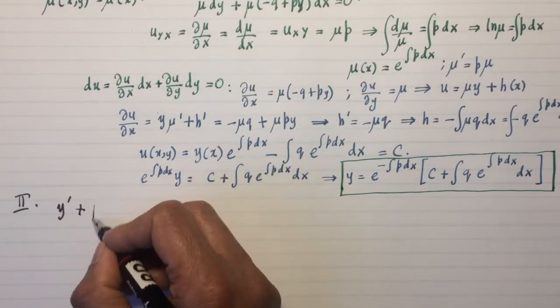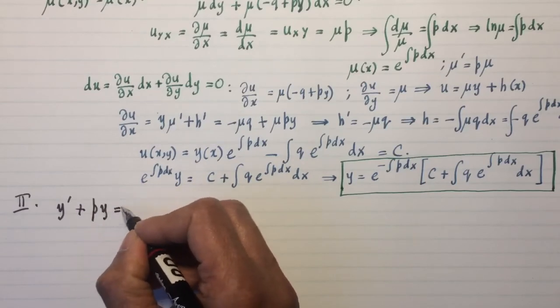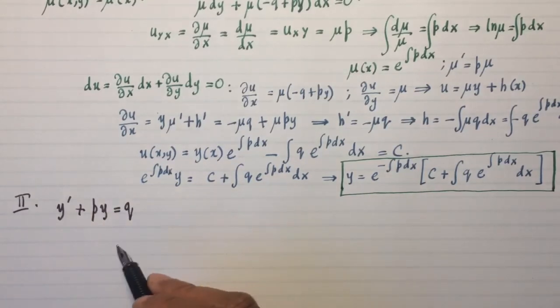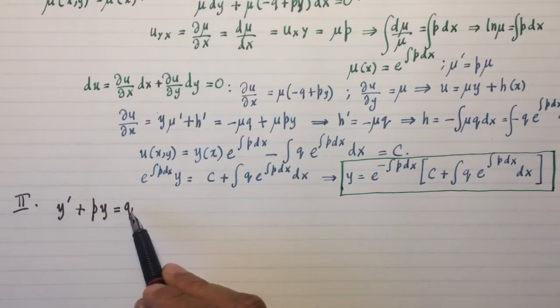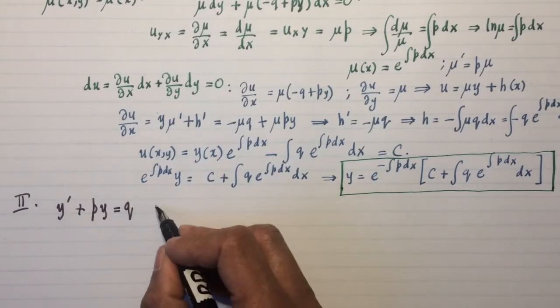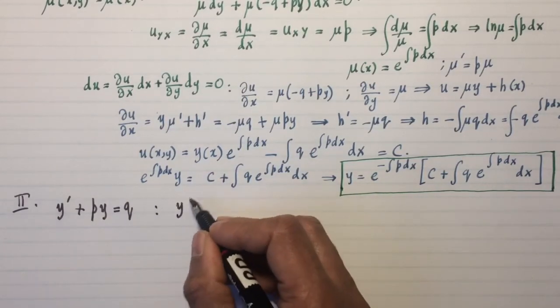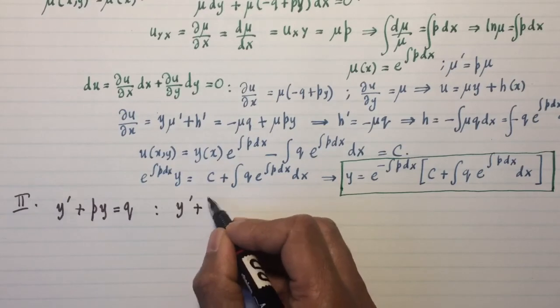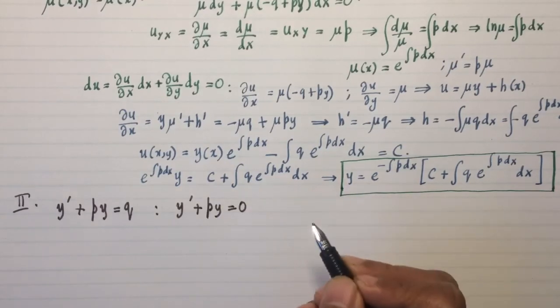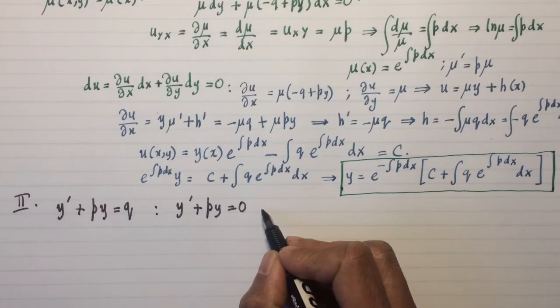So y prime plus p y equals q is the differential equation. Once again, I'm suppressing that p is a function of x and q is a function of x. Now what Lagrange's method entails is solving the homogeneous equation first. So y prime plus p y equals 0 is a homogeneous equation. Well, that's immediate.